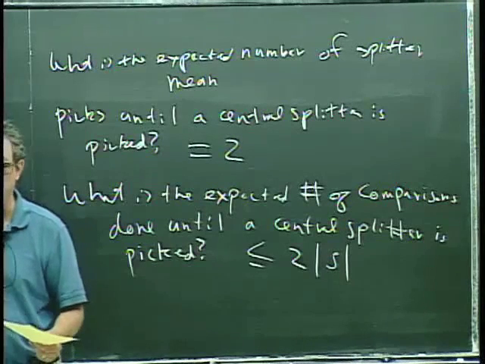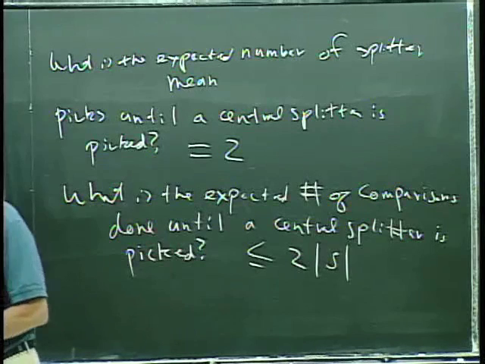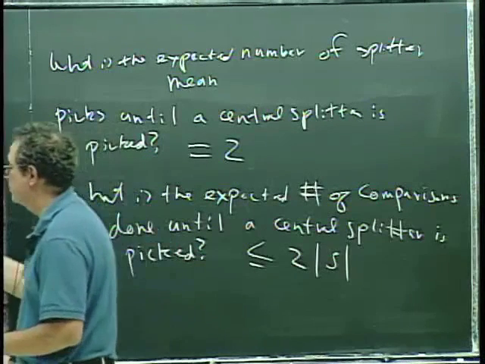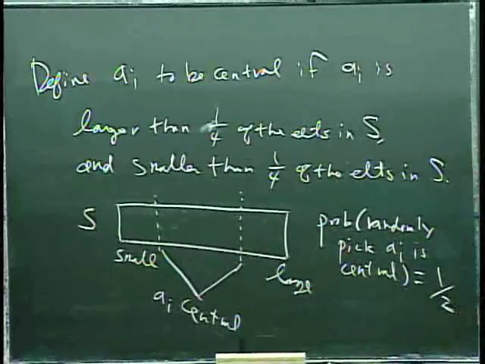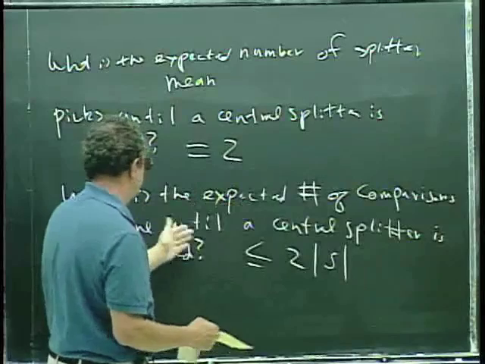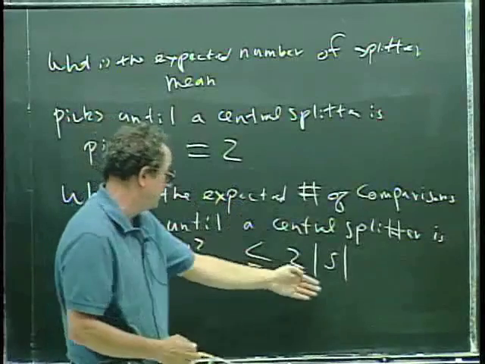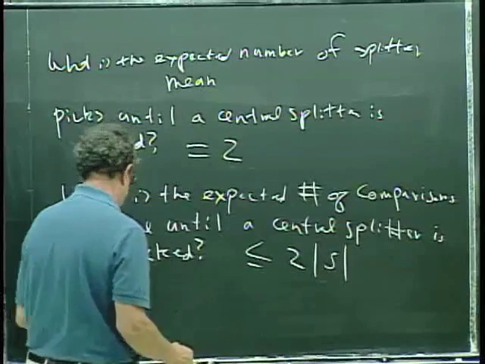Each one of those is less than S. And the expected number of trials until you're central is 2. And so the expected number of comparisons done until a central splitter is picked is less than or equal to 2 times the size of S.